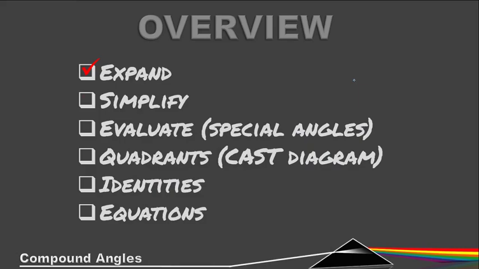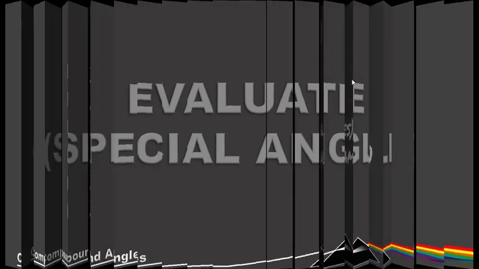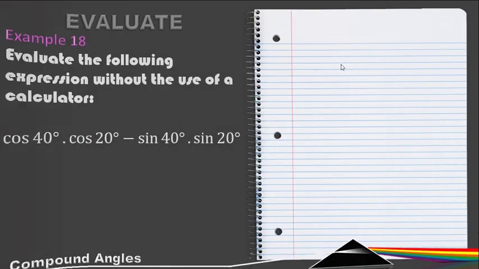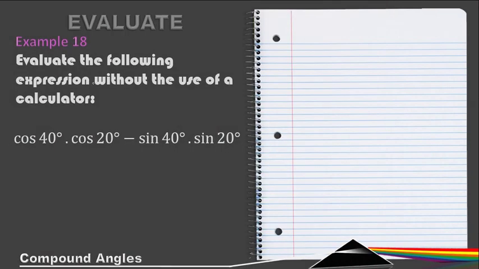So that was simplifying. And now we're going to look at evaluating using special angles. Now, example 18, evaluate the following expression without the use of a calculator. Now here we have cos 40, cos 20, sine 40, sine 20. And none of these are special angles, and we're not allowed to use our calculator.